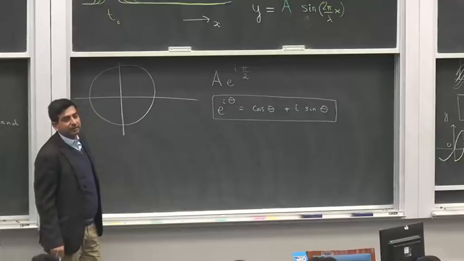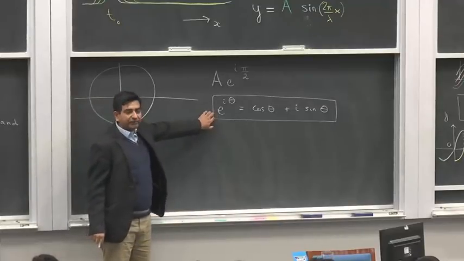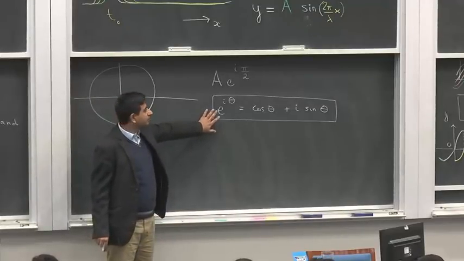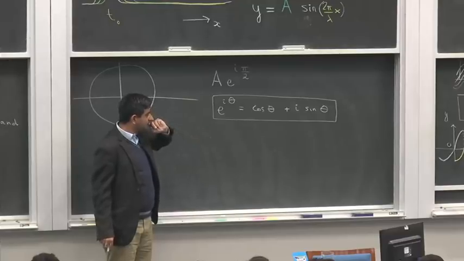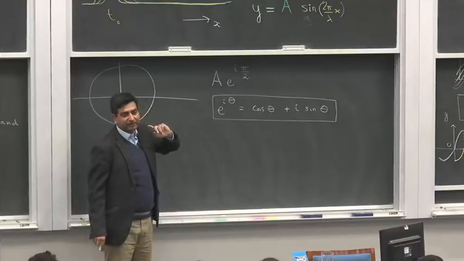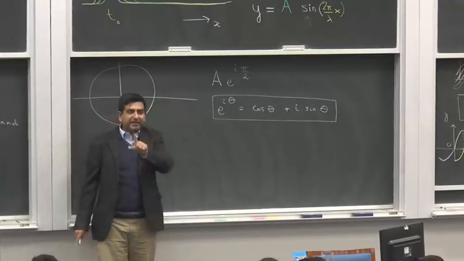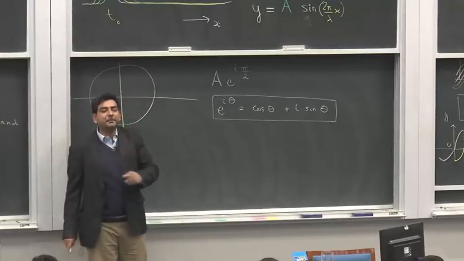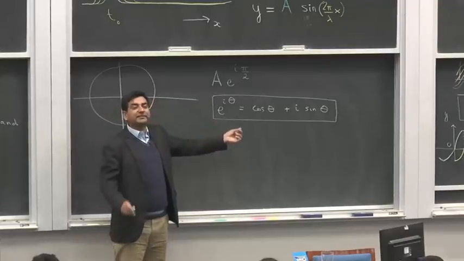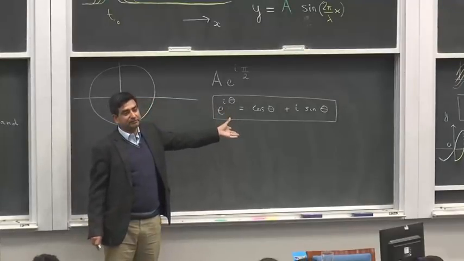Alright? Do you know this formula? Never have you ever seen it. Alright? I'll explain it in a minute. But let's, for the time being, observe that there's a formula like this.